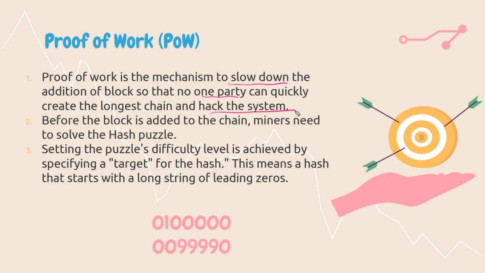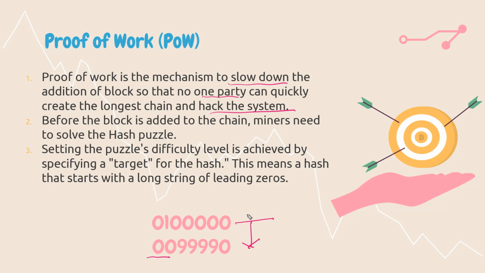As an example, if I have this number here, which is 100,000, and I set this as the target level, the hash I'm looking for should be less than this target, which means it's going to have more leading zeros at the front as compared to this number. So this is the requirement.